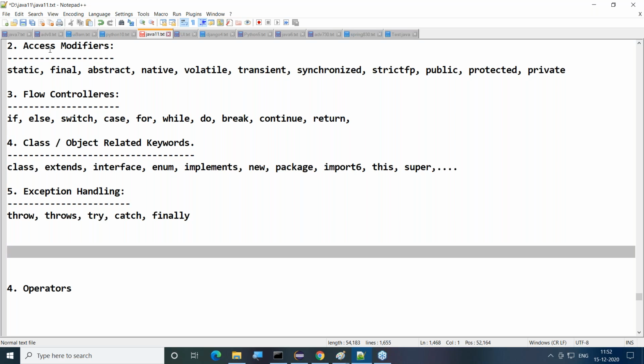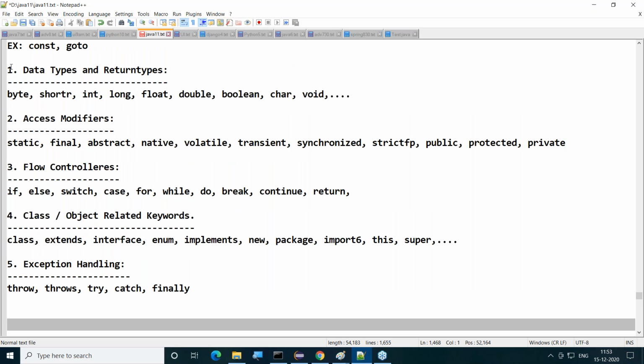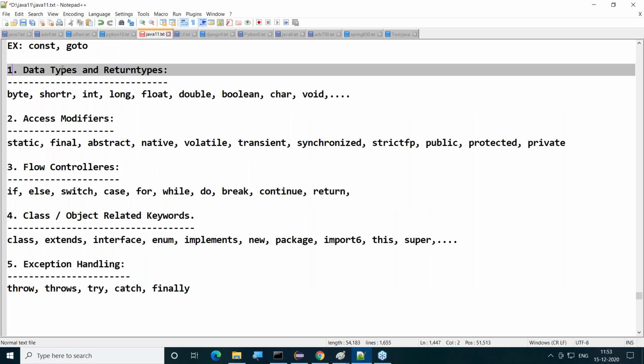Moreover, I'm telling you, all these things are going to be covered automatically throughout our Java applications, so there is no need for any separate discussion here immediately. Isn't it? Okay, fine.